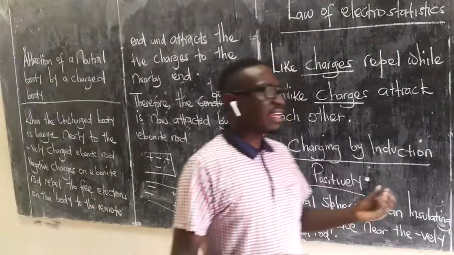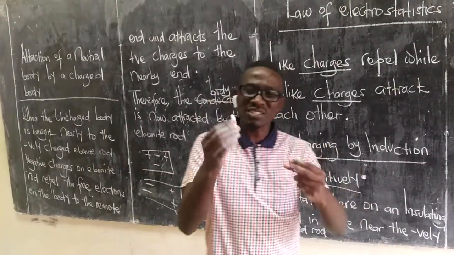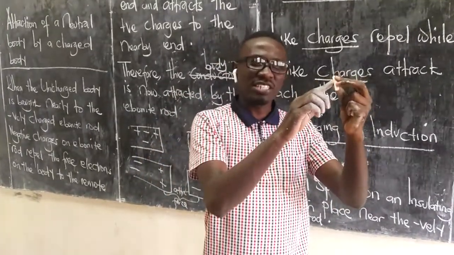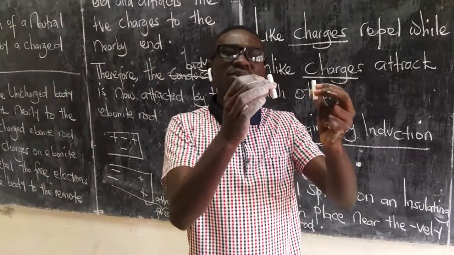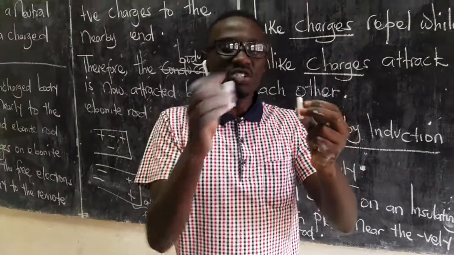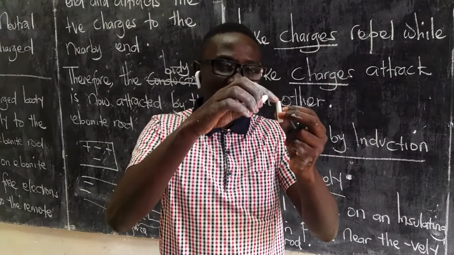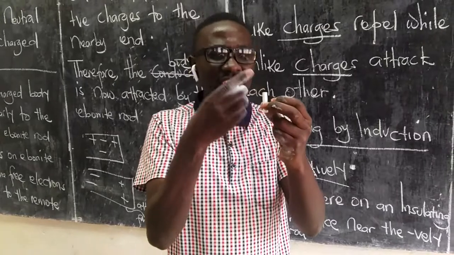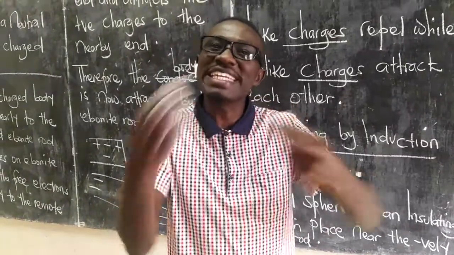So similarly, some bodies are not supposed to be charged. Look at this. This body may be charged, but this one may be uncharged. But the fact that I've brought them close to each other, this one may also end up getting charged. So when this body gets charged as a result of this one, then we shall say that this one has acquired a charge by a process called induction.